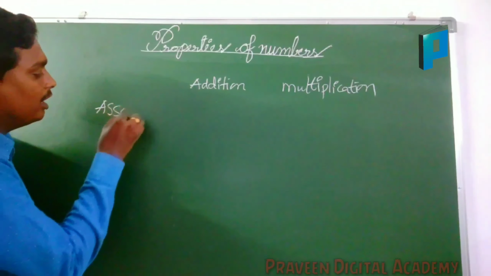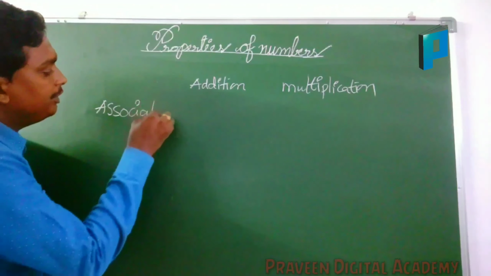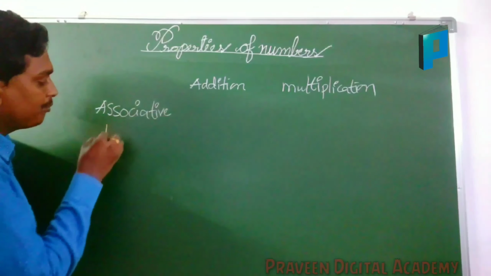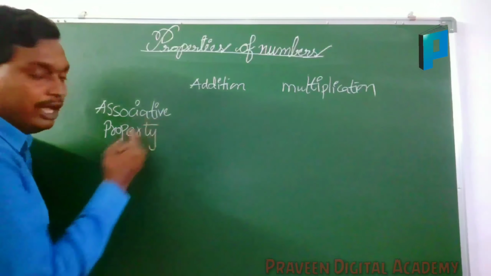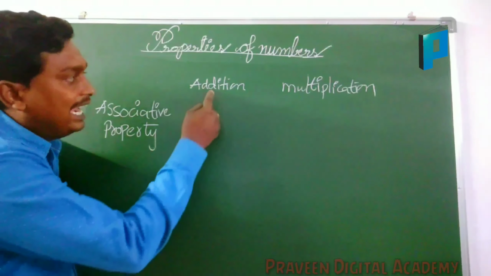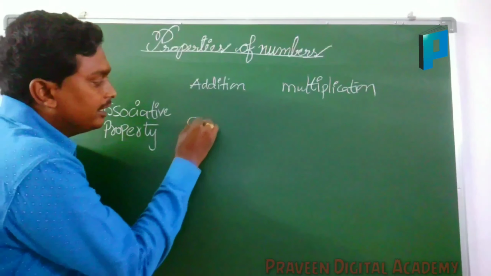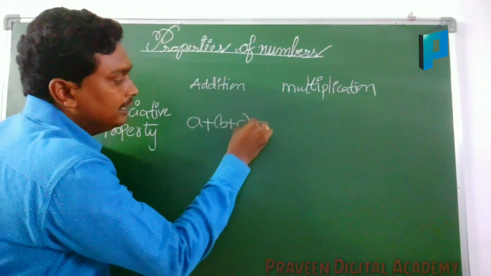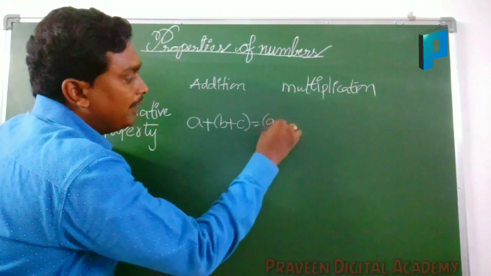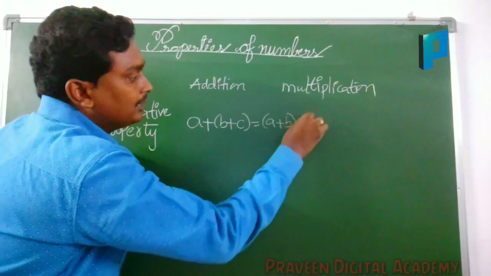Associative property. The associative property under addition is a plus b plus c is equal to a plus b plus c.